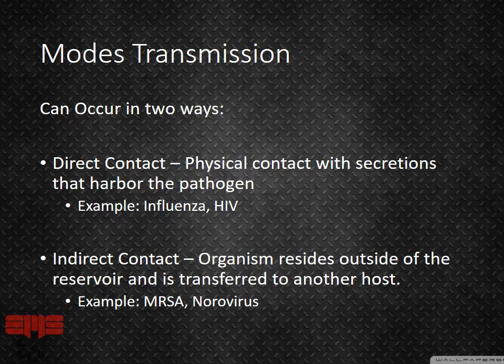And your norovirus, you get the virus on your hands after you use the bathroom, you don't wash well, you touch the counter, you touch some surface, and then someone comes along and touches that, and then now they could potentially get infected with norovirus.